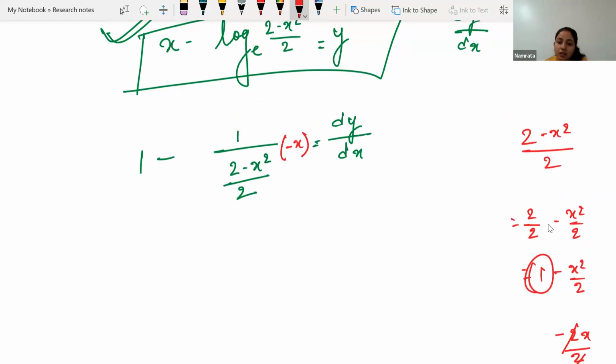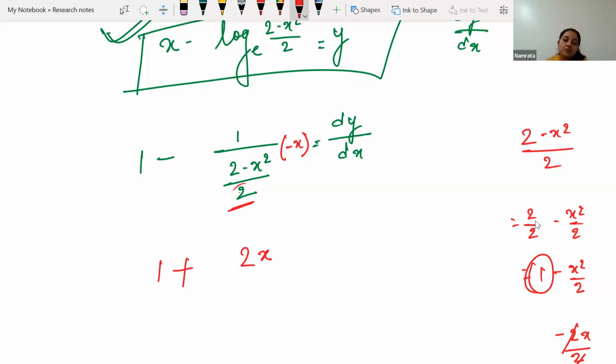Okay, if you are having any confusion, please let me know. This is the chain rule I have used. The derivative of logarithm of this is 1 by something, and then again this is not just x, so we have to do the derivative of that, which has given us minus x. So we got 1 plus 2x in the numerator.